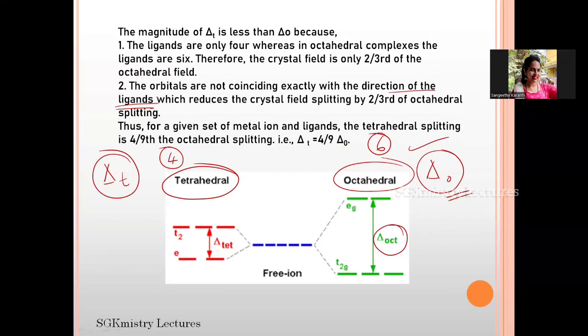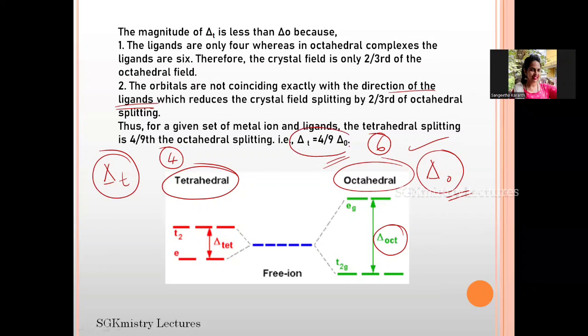Whereas in tetrahedral, it is not exactly in the direction of dxy, dzx, or dyz, but the ligands are approaching in between the axes. Whereas in octahedral complexes, the interaction is much more intense. So because of this, delta O has a much higher magnitude when compared to delta T.